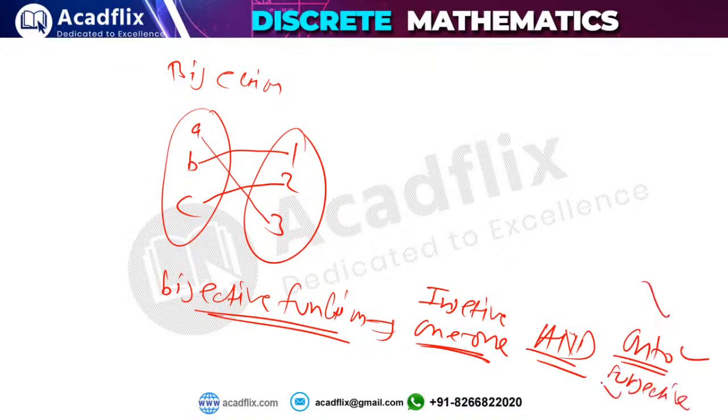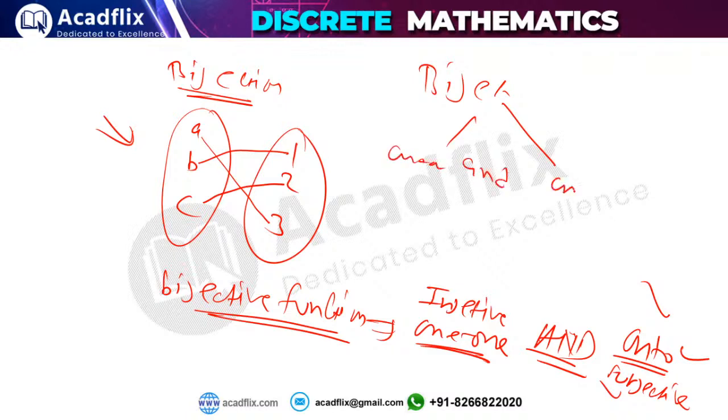So this is a bijection. Remember, bijective means one-one and onto, or you can say injective and surjective.